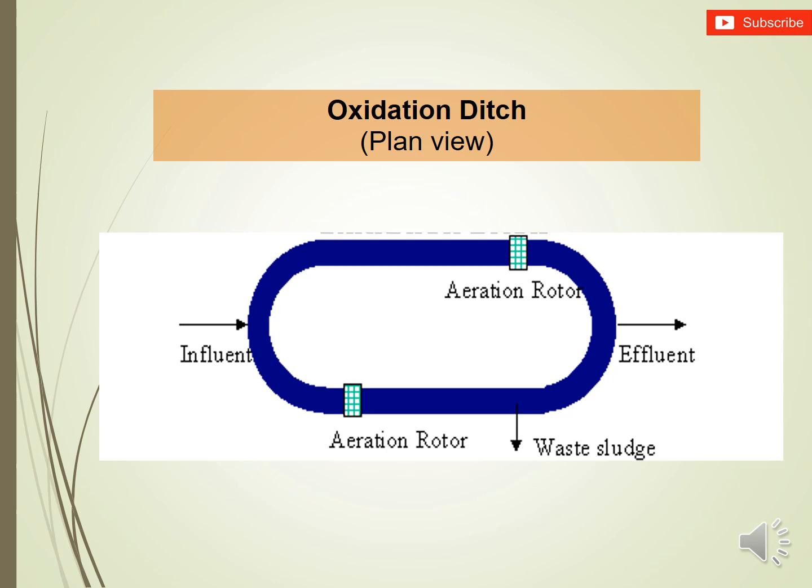And of course, the excess sludge generated is wasted through a waste pipeline, and the effluent is moved out from the ditch this way to disposal or to a tertiary treatment. So this is basically only a modification of the extended aeration, so it's not considered as a general or major modification of the conventional systems.